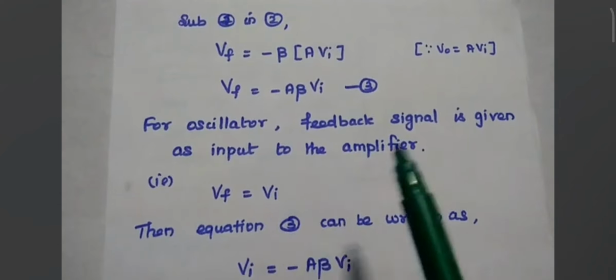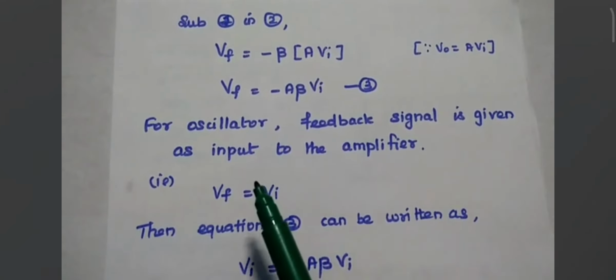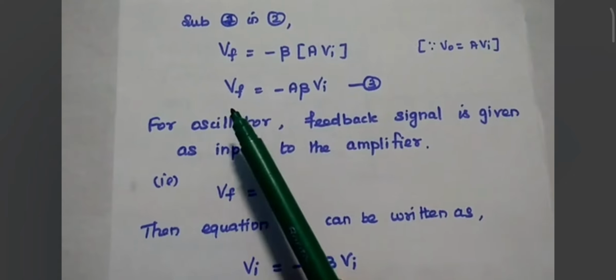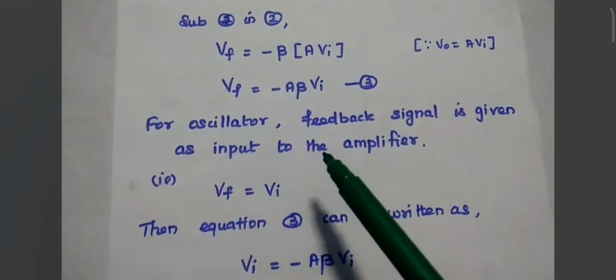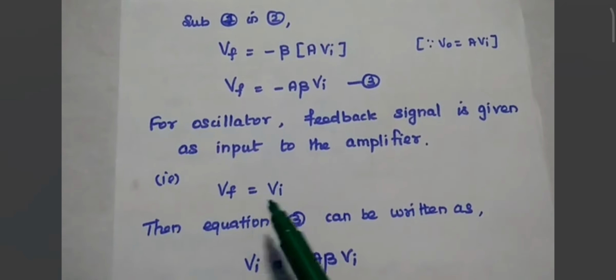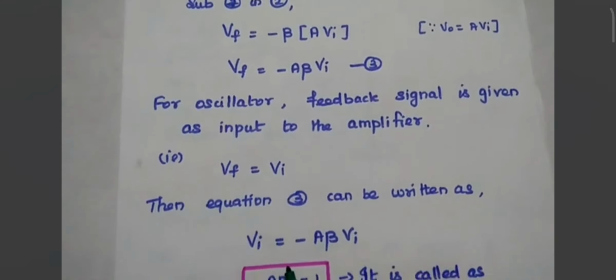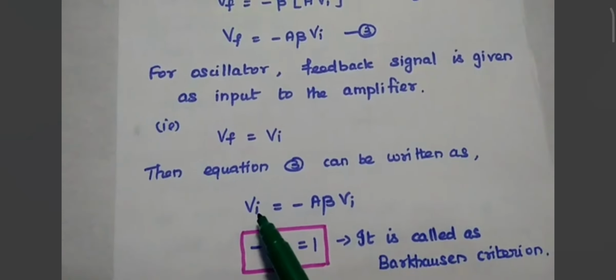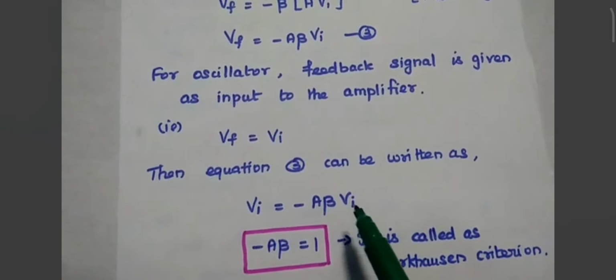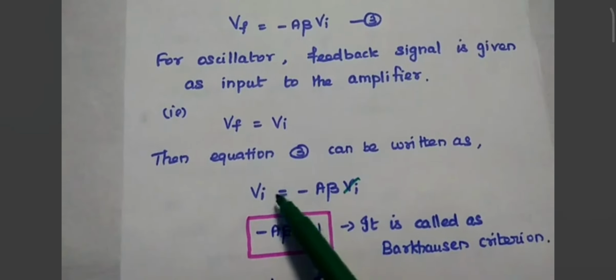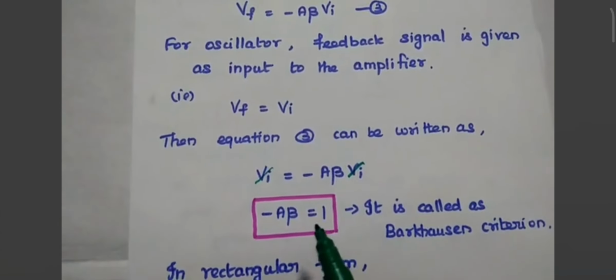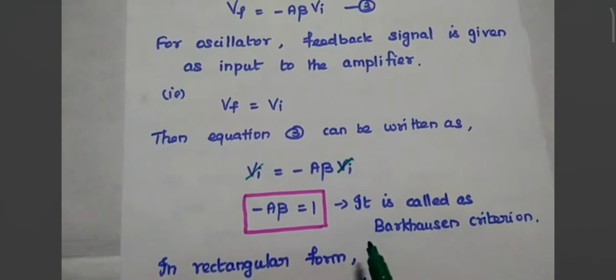For oscillator circuits, the feedback signal is given as input to the amplifier. Correct? Feedback is nothing but the input to the amplifier. So we can say Vf is equal to Vi for an oscillator circuit. Then the third equation can be written as Vi is equal to minus A beta into Vi. Then we can cancel these two values, right? We get the answer as minus A beta is equal to 1.